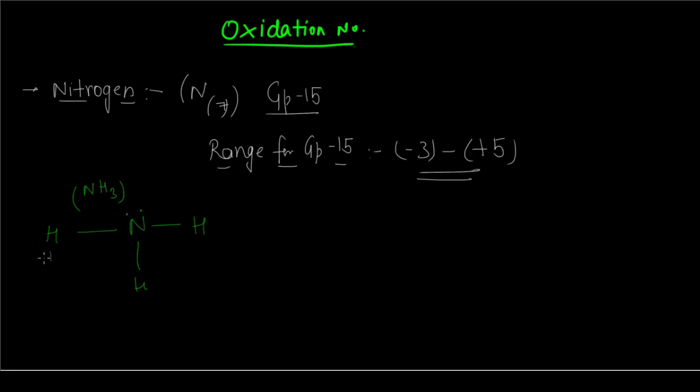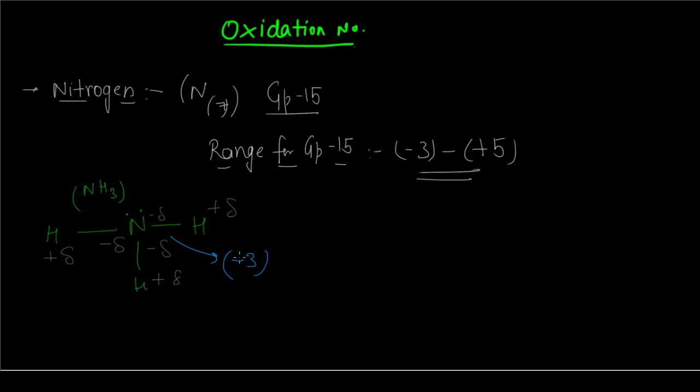So hydrogen gets a partial positive charge, nitrogen gets a partial negative charge, and this occurs for each and every bond. As a result, nitrogen gets 3 units of partial negative charge, and so it will get an oxidation number of -3.